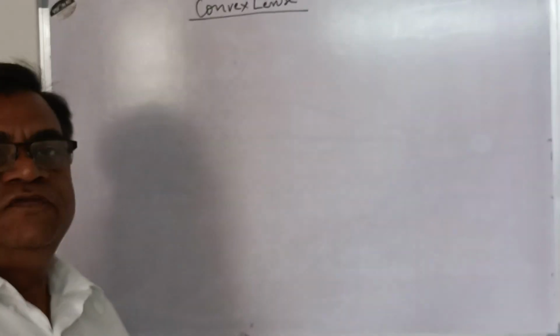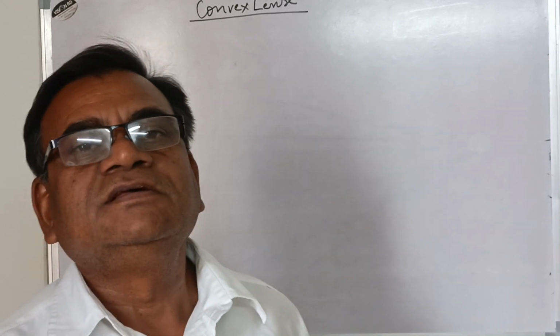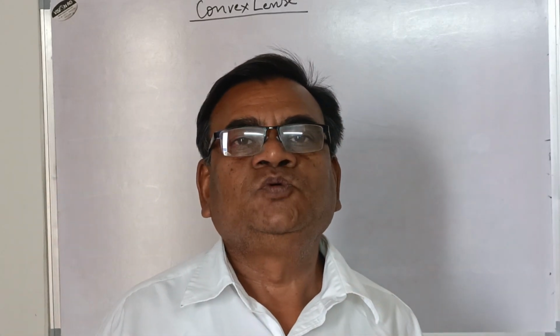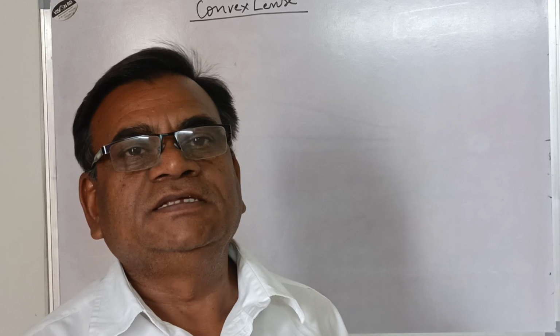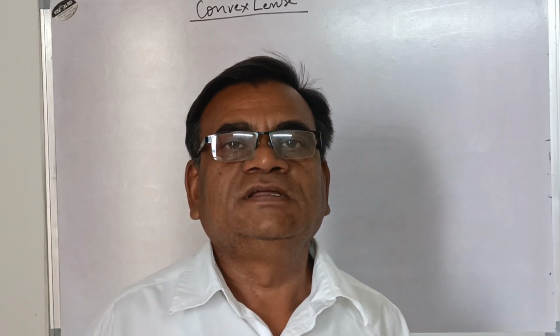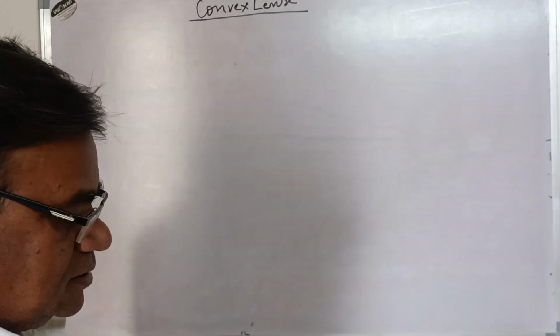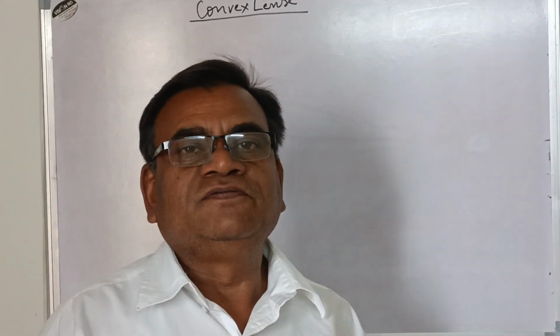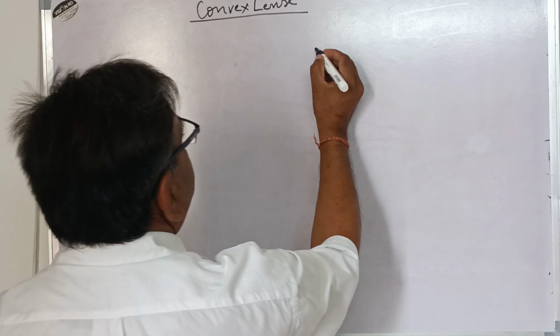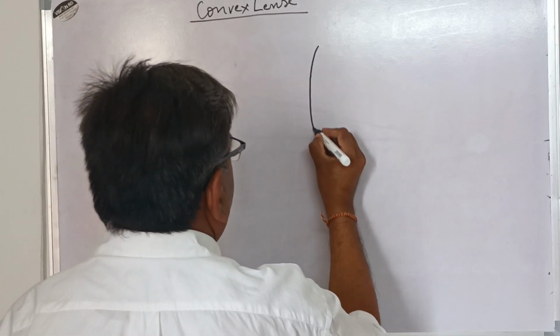हम लोगों ने देखा, we have learned the image formation by the convex lens when the object was put at different places in front of the lens. Now the question is, find the position of image. Let this be the convex lens.